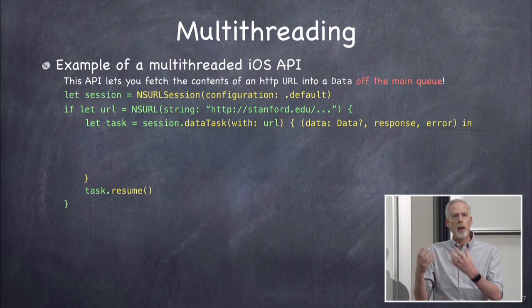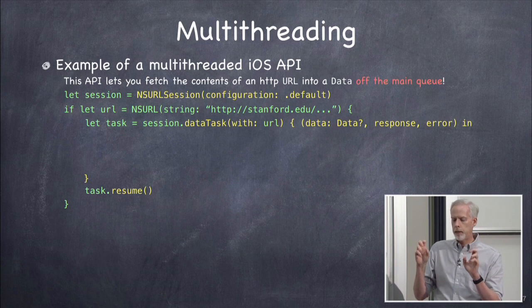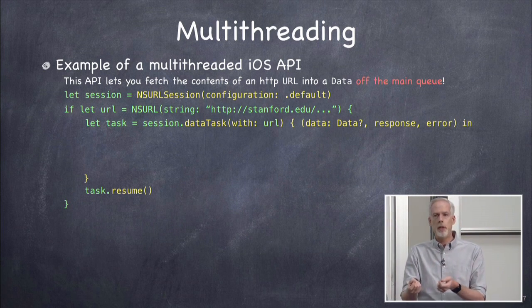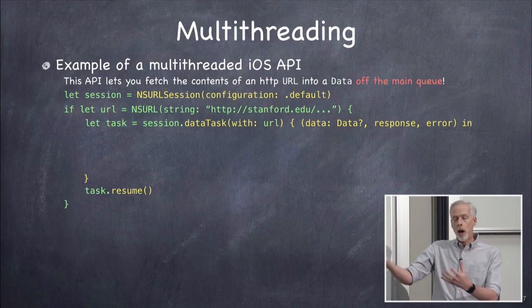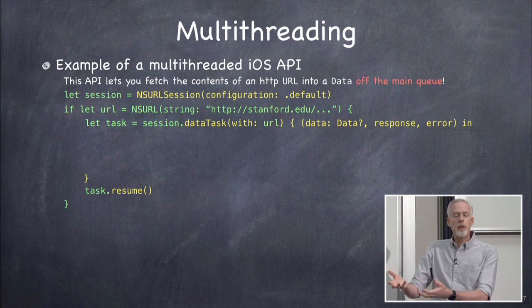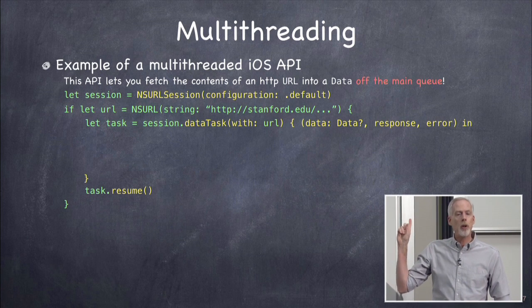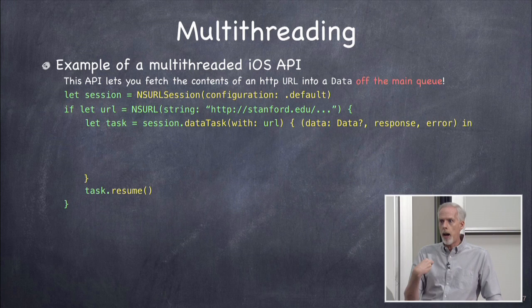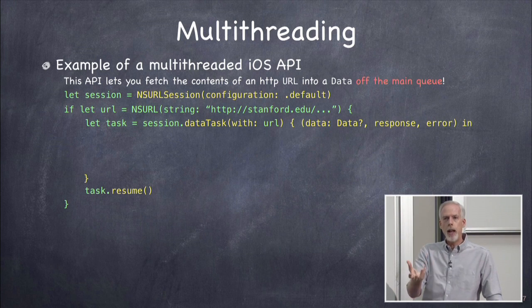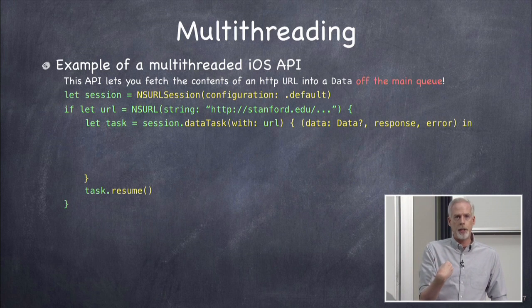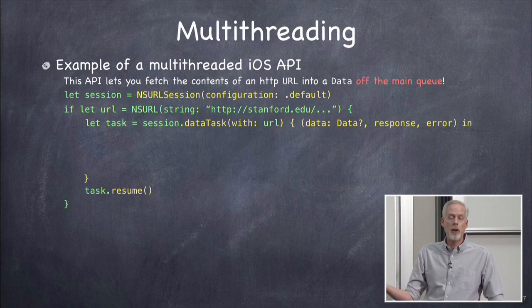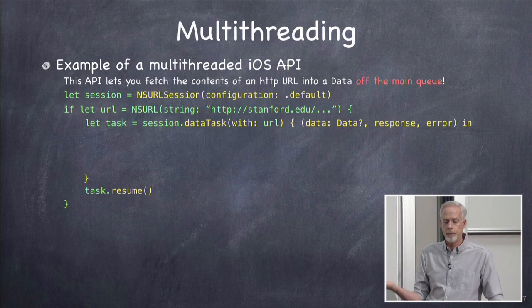What this does is it creates a data task object with that URL that you want to get. And when you send it off to fetch it, when it comes back, it will call this closure, and this closure has 3 arguments: the data it got from the URL, the URL response, and then some error if some error happened trying to get it.